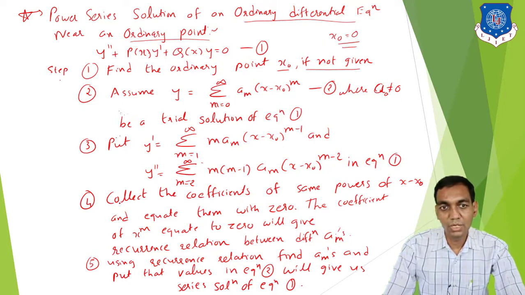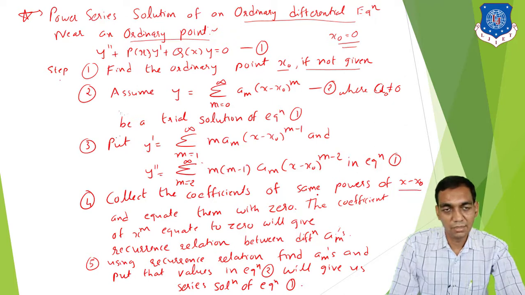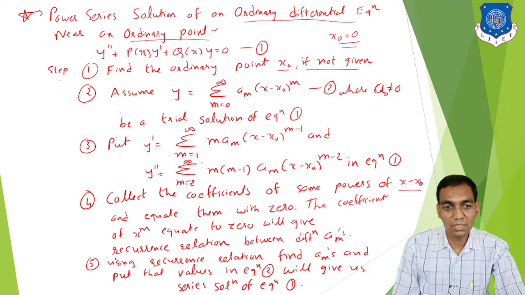Once you have substituted all values, you have to collect the coefficients of the same powers of (x - x0), and then equate all those coefficients to 0. If you equate the coefficient of x^m, that means the general term, with 0, then it will give you the recurrence relation.